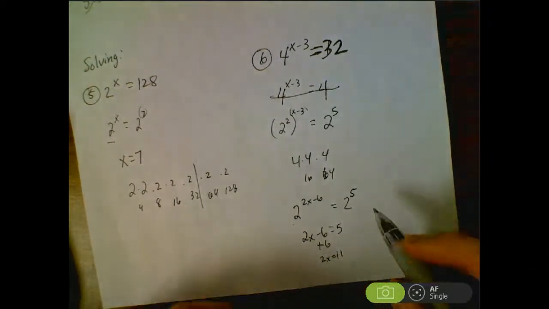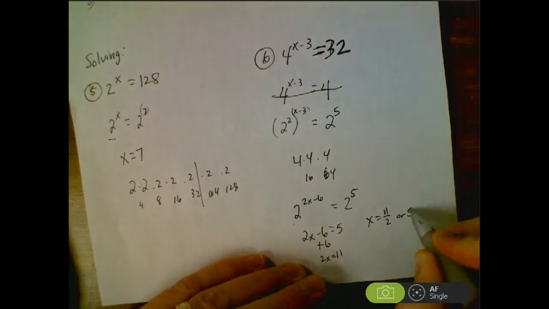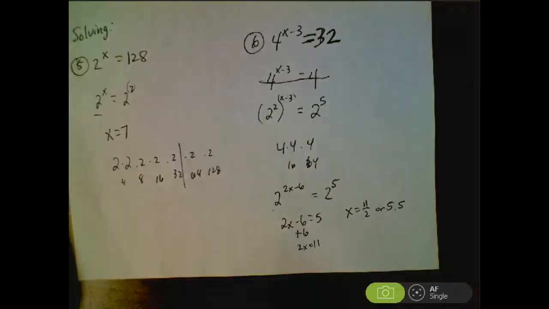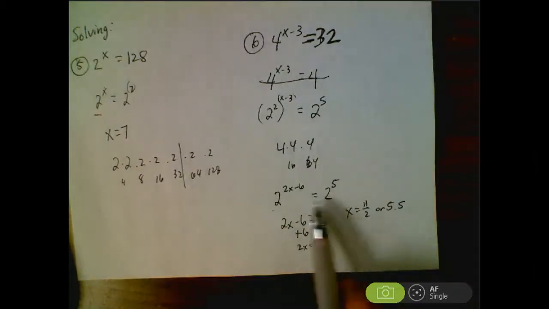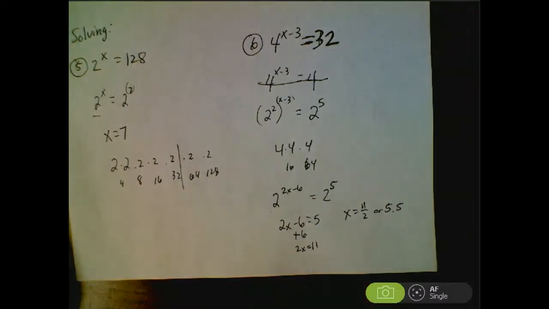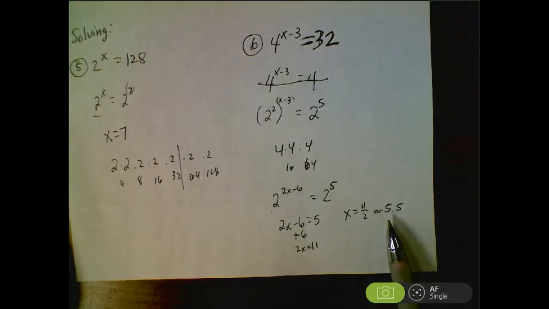So x is 11 over 2, or 5.5. So if you can get them to be the same base, you just set the exponents equal to each other. Or you could guess and check. But it's going to be hard to guess and check 5.5.